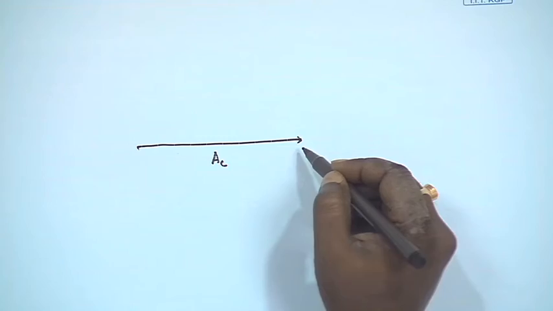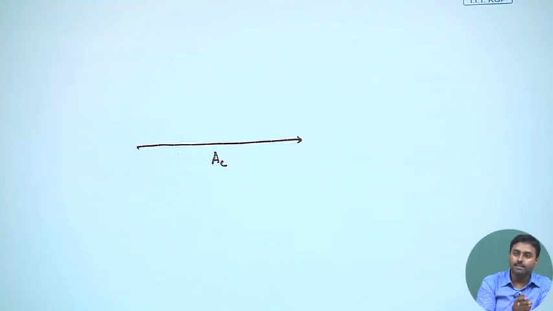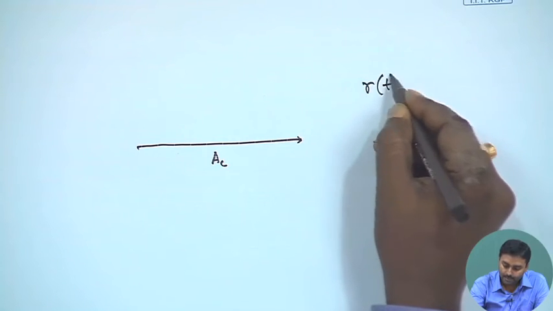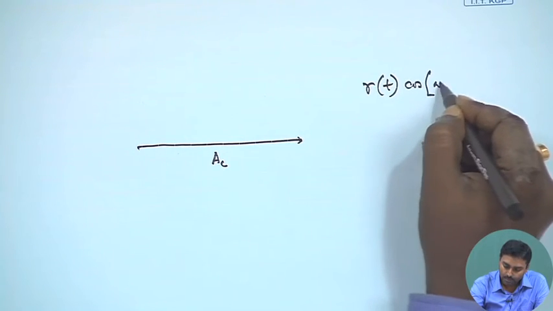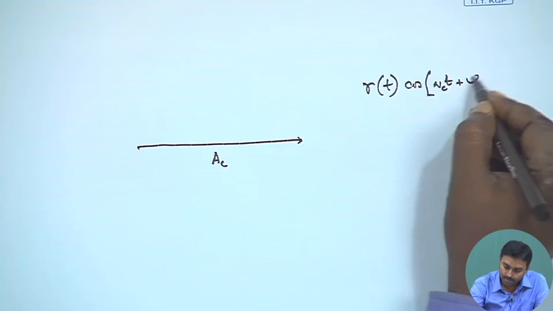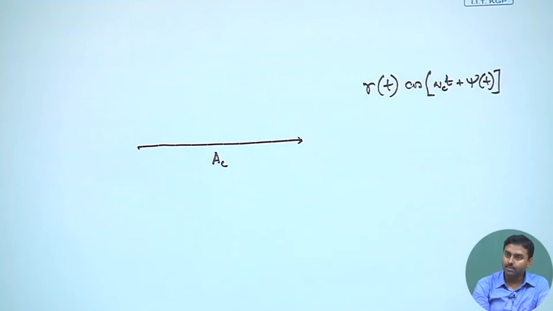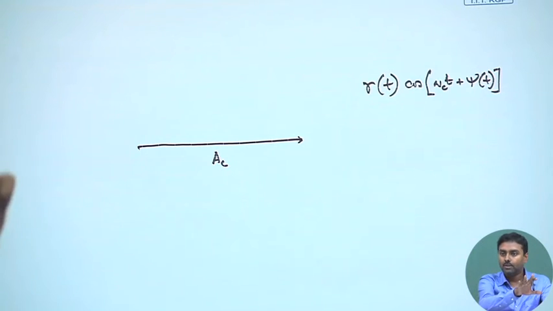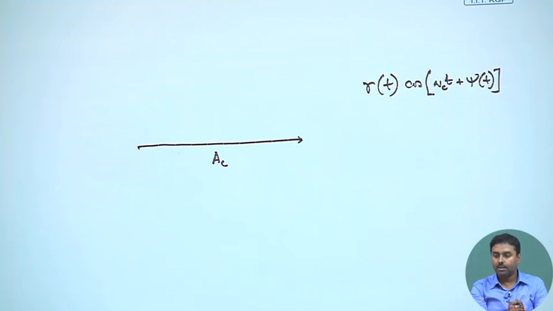On top of that, we were adding noise. We have said that it can be represented as R t cos omega c t plus psi t. This is after doing the quadrature and in-phase representation of bandpass noise, and then we could represent it in this fashion.